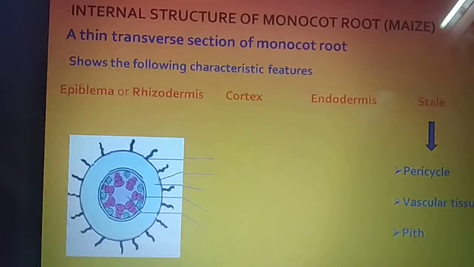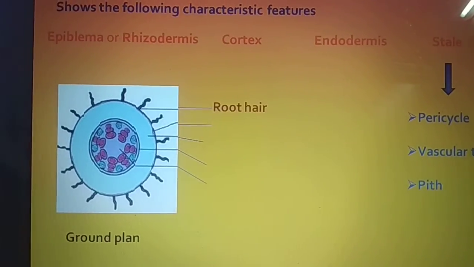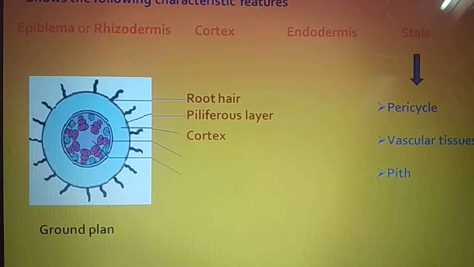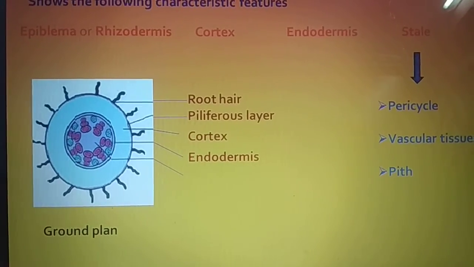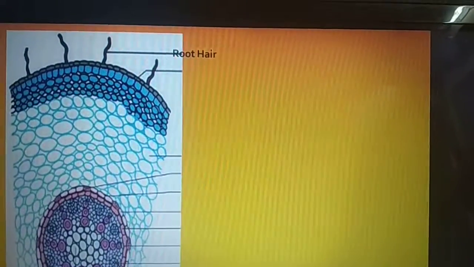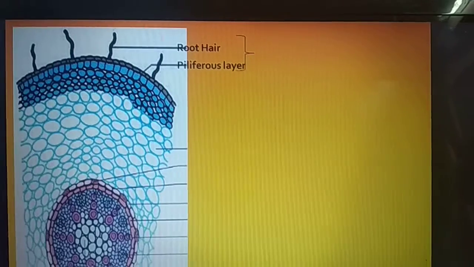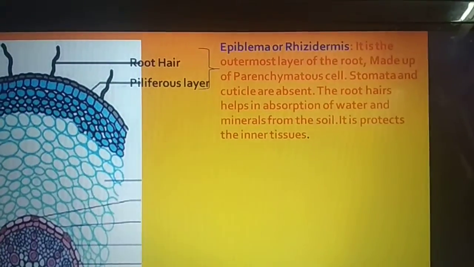This is the ground plan: root hair, piliferous layer, cortex, endodermis and pith. Next, we'll see the enlarged one. First, root hair and piliferous layer together are called epiblemma or rhizodermis.